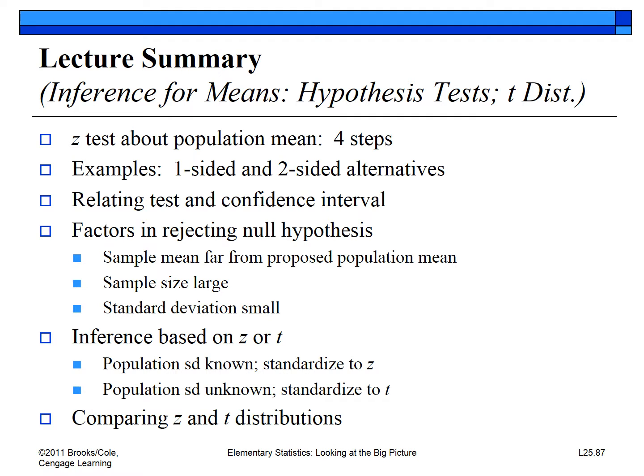Though if the sample size is big, remember there's not a whole lot of difference between the two. Comparing the distributions, remember that t has a fatter tail and a shorter peak. As the number of degrees of freedom goes up, that is, as the sample size goes up, the tails of t shrink, and the distribution approaches the normal z distribution.